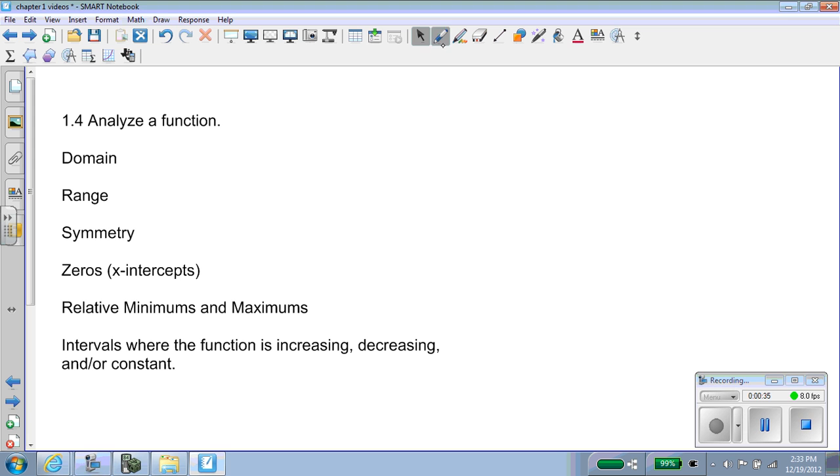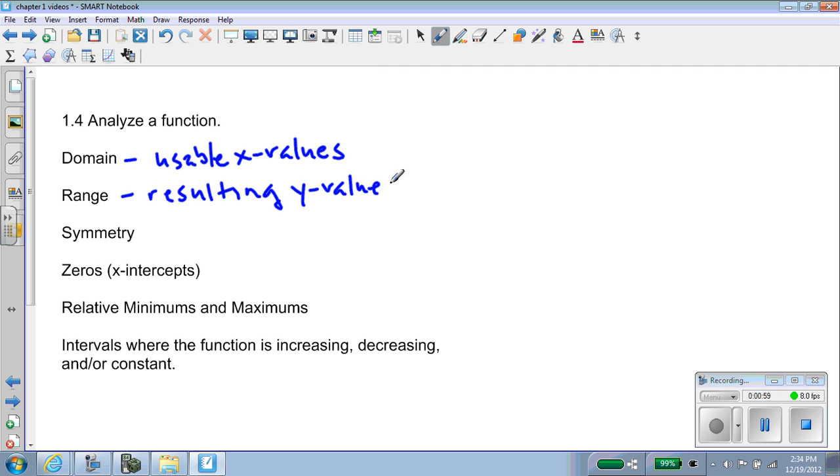The domain will be given in interval notation and defined as the usable x values. The range will be the resulting y values. It will also be given in interval notation.